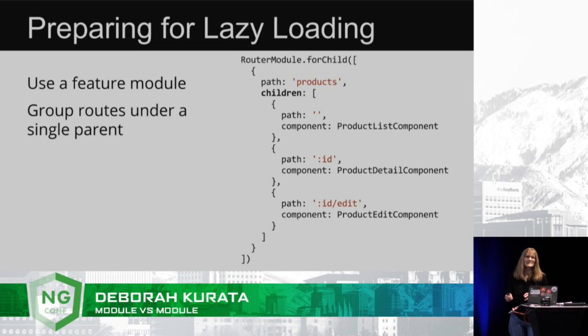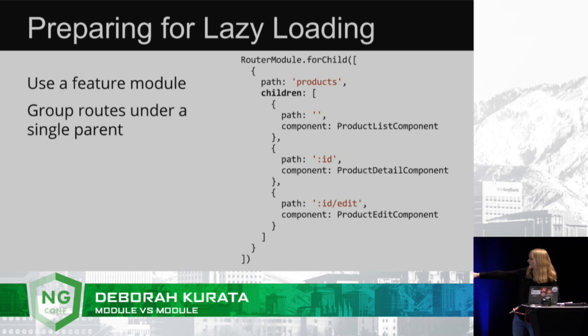Second of all, you need to have your routes grouped under a single componentless parent route. You notice that I have this main path for all my product routes called products, and it's the same base name for all of our paths there. Then every other route, so my product list component is an empty path, so it'll go with just /products. Then product detail is products/:id.